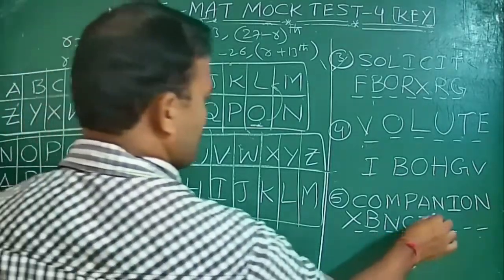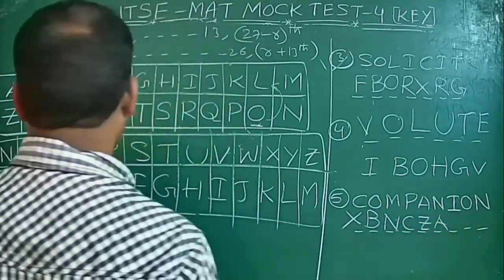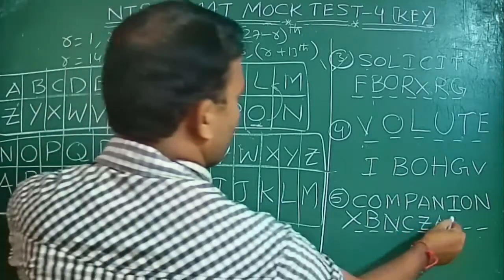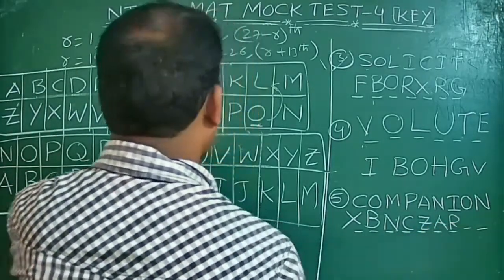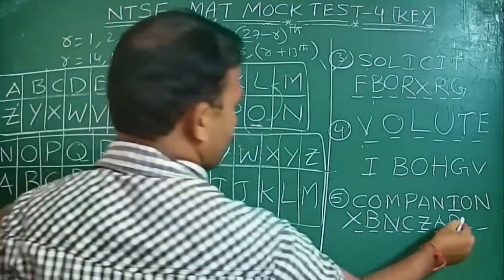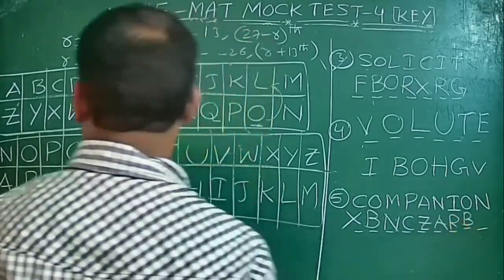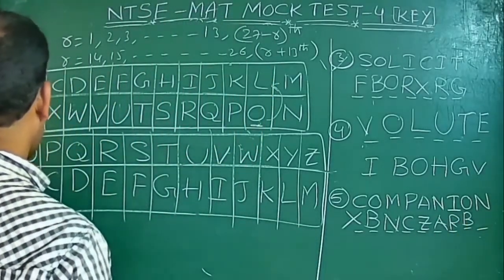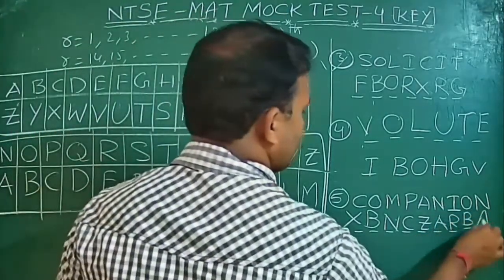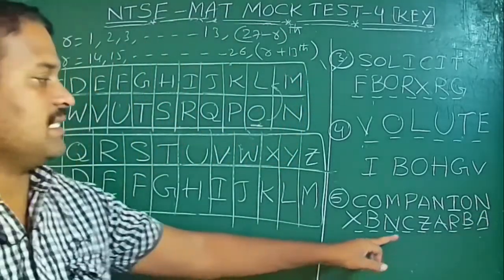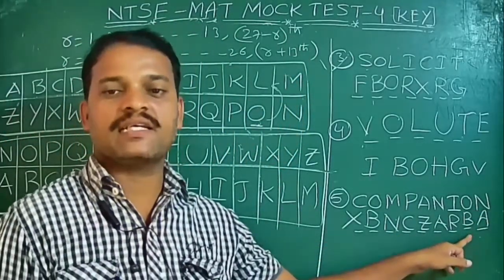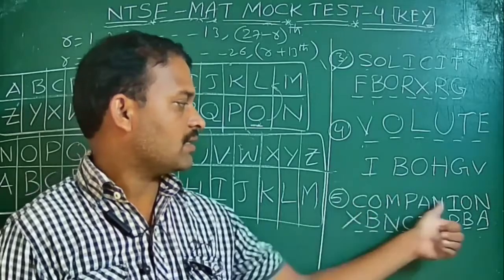N code is A, and I code is R, and O. What is O code? O code is B, and what is N code? N code is again A only. So this is XB, NC, ZA, RBA is the code for companion.